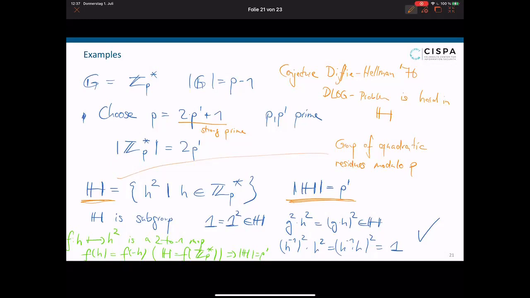So this was historically the first group in which people conjectured this discrete logarithm problem to be hard.